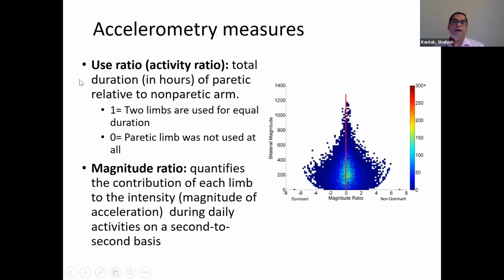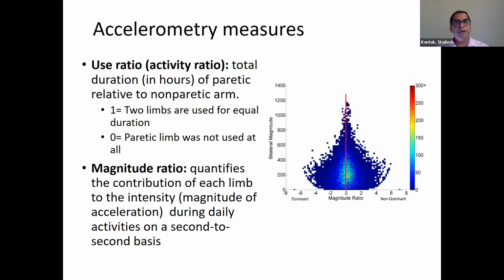There are multiple metrics that we can calculate, but since this project is in the preliminary phase, I'm just going to share some qualitative data and very little quantitative data. We first calculate the number of hours of use of each limb by summing all the seconds during the recording phase when the activity count is not 0, which means the limbs are moving.